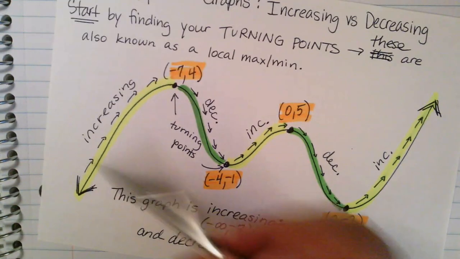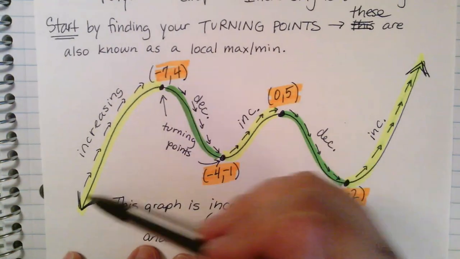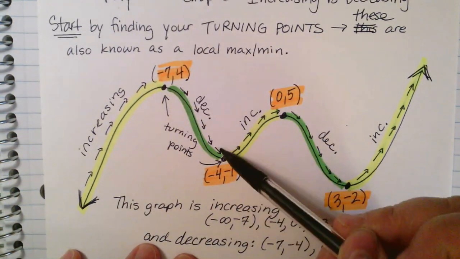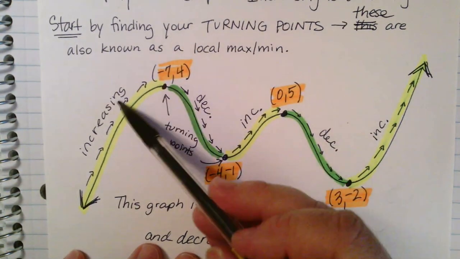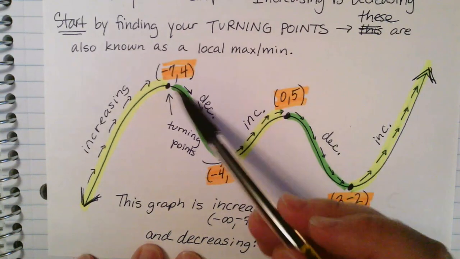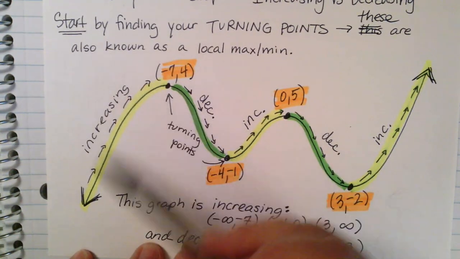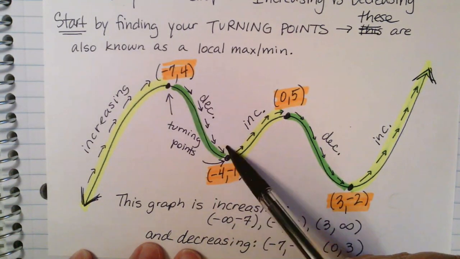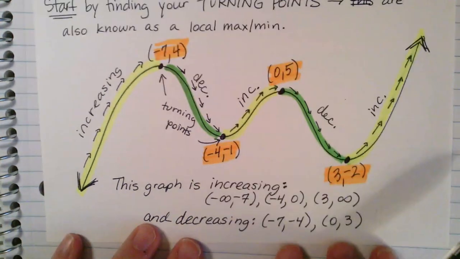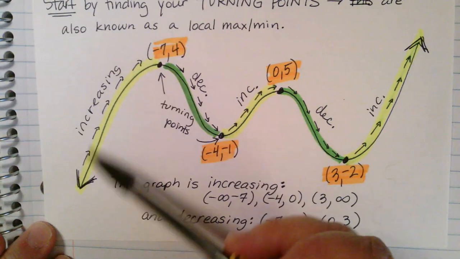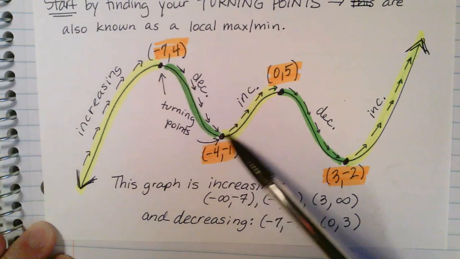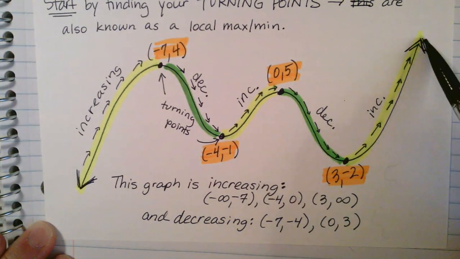And it can be up to the right, and down and to the right, but if it's basically more up than down, or more down than up, that's when we have an interval of increase or decrease. Okay? So this particular graph, I highlighted where it's increasing in yellow. So this is increasing here, and here, and here.